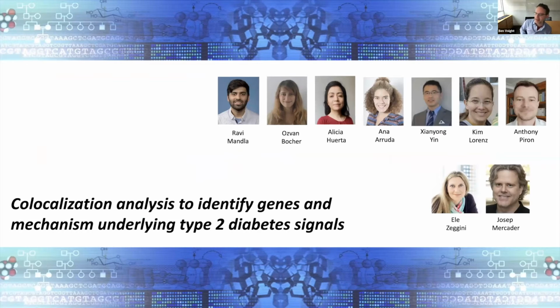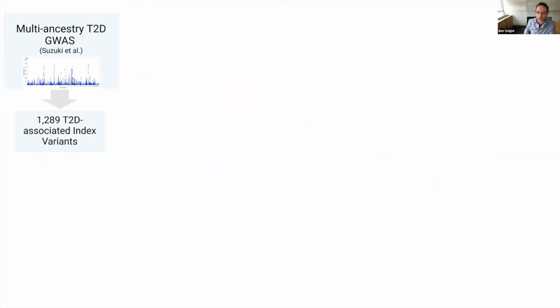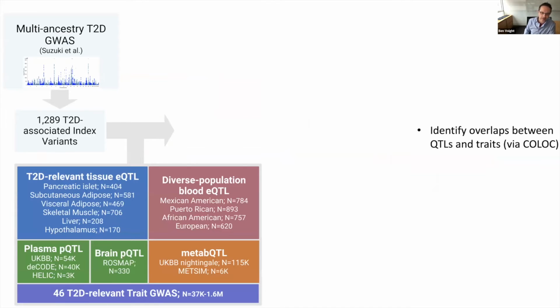Like many big projects, it involves another collection of like-minded people as part of our global collaborative. What this group did is we took our results from our primary GWAS, those almost 1,300 index variants, and systematically collected a large number of these molecular phenotype association scans, or QTL scans, based on expression, proteomics data, or metabolomics data.